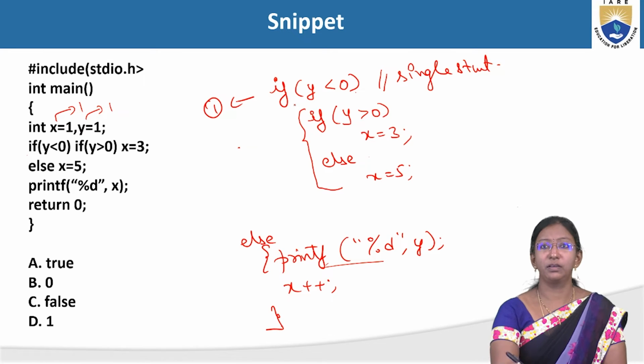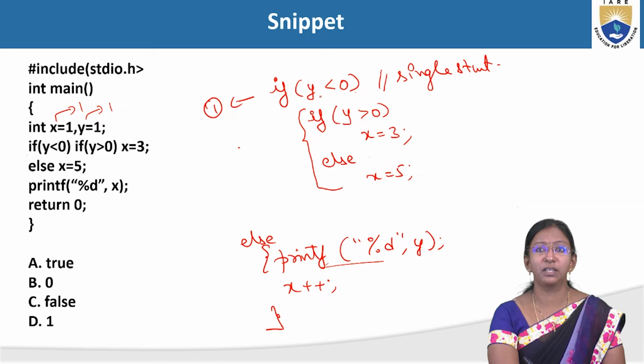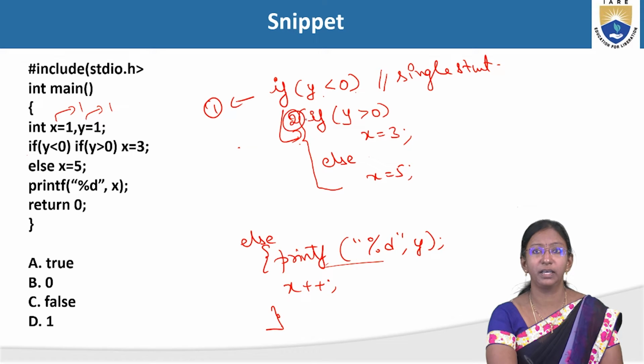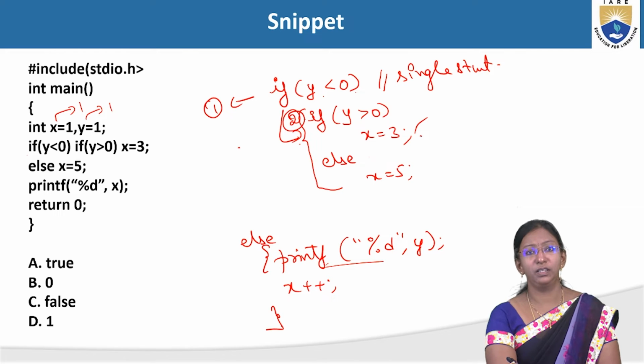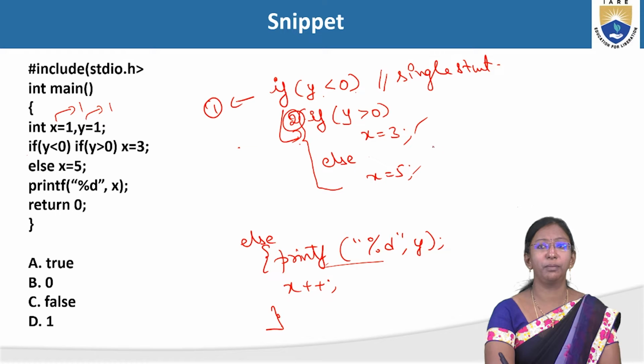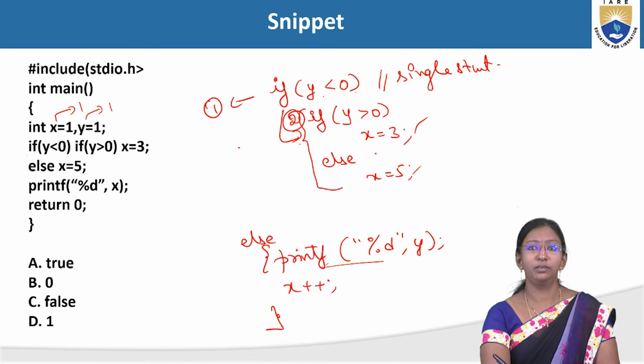So it's obvious, guys. If this condition is true, then the control is going to come to the second if. If this condition is true, x will be overwritten by 3, else x will be overwritten by 5. Either one of the things is going to happen, not all.